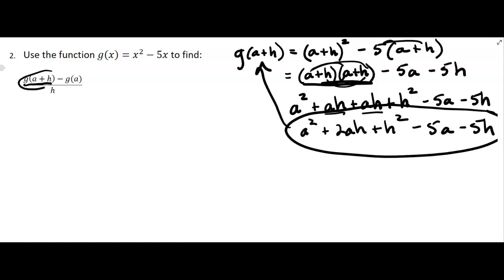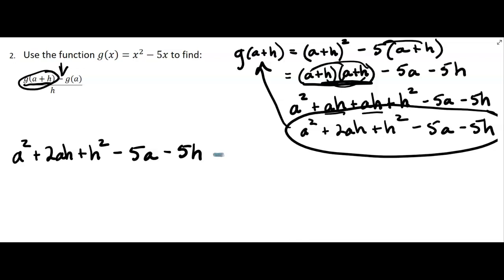Okay, so this part right here, I'm going to replace with a squared plus 2ah plus h squared minus 5a minus 5h. So it's really long. Now we have to subtract. So I'll do the funky pen with the subtraction sign. Subtract, and then I want g of a.